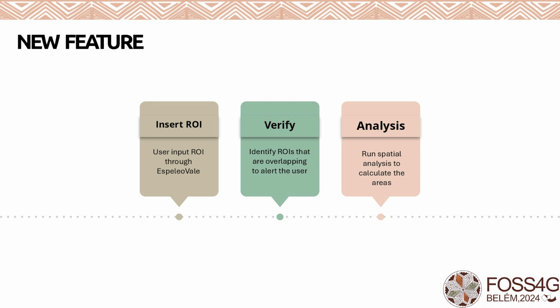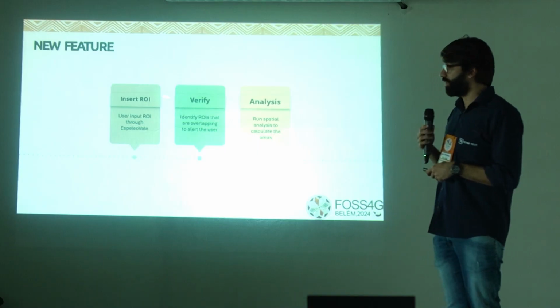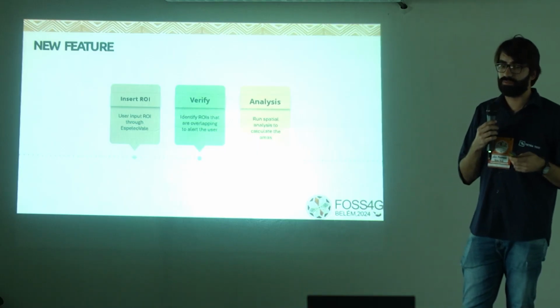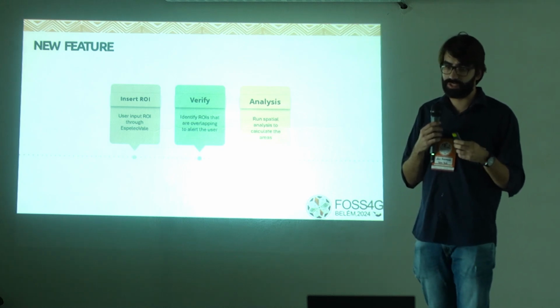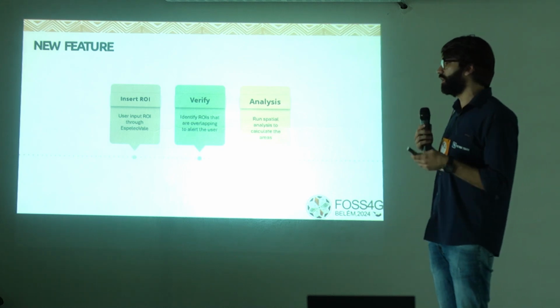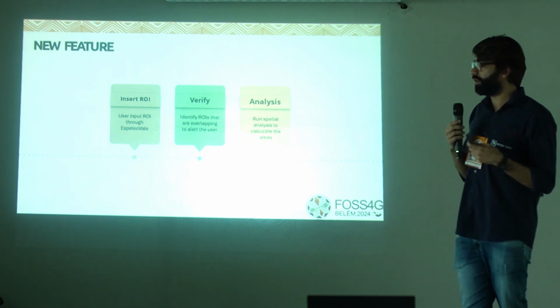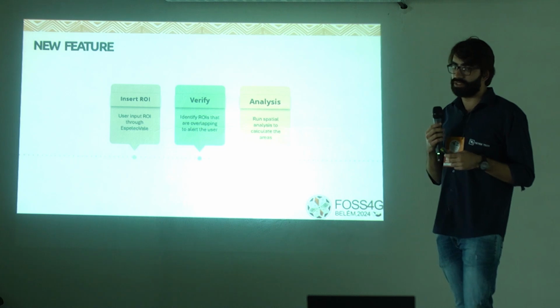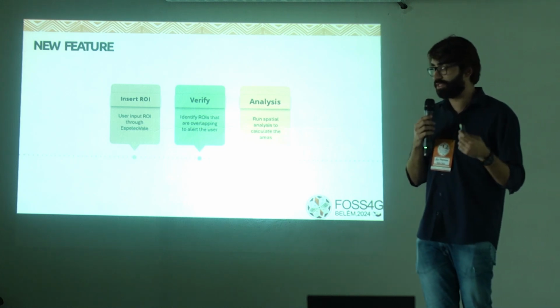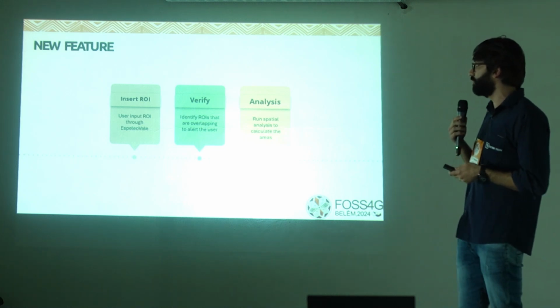The first step is to verify, because the user doesn't provide a number protocol or an identification for this region of interest. We just verify and tell the user, you might have entered this area before, by running an intersection and saying, this is the level of intersection with the existing database that we have.